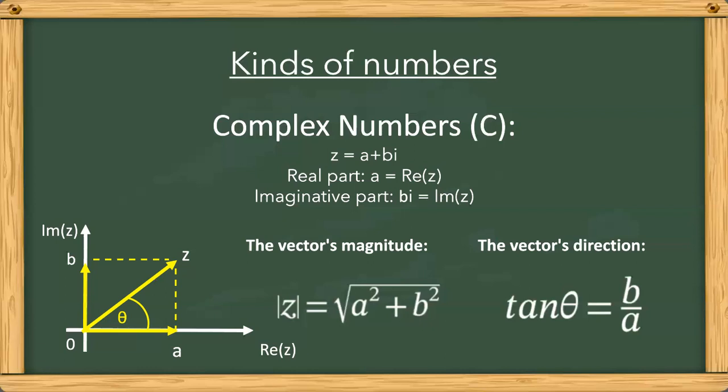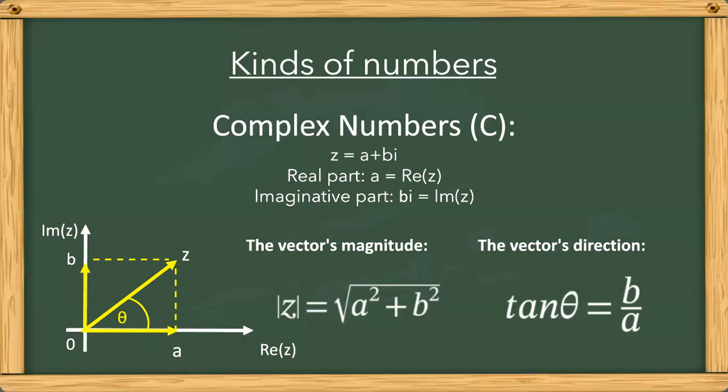Now, the direction of the arrow that represents this vector is represented by the tangent of the angle with the Greek letter theta, or any other letter.